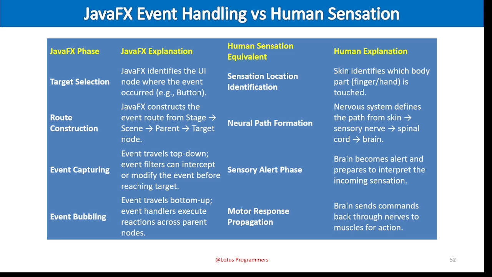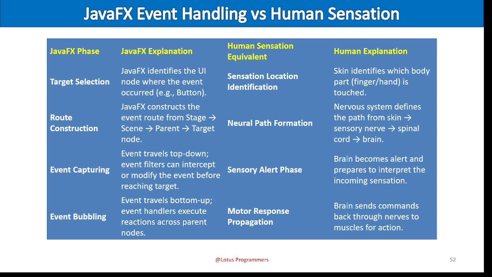Suppose we take a user interface element like a button as the target event source object on which an action event happens. We compare the same thing with the sensation of location identification of any human body part, either finger or hand.